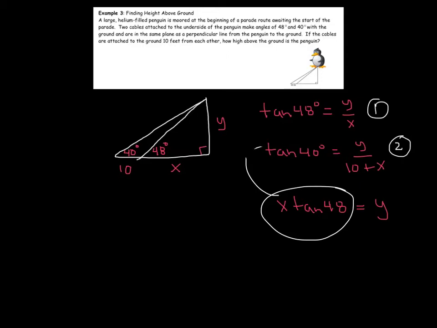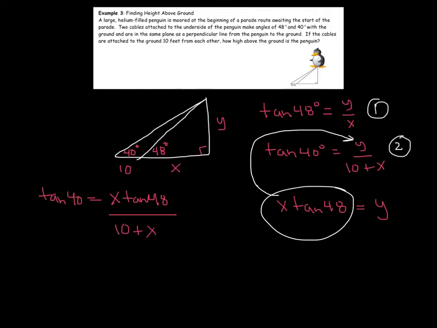We've already solved equation 1, so let me erase that. We're going to plug this into equation 2. So we're going to replace y with x tangent of 48. So working now with equation 2, we have tangent of 40 is equal to y, which happens to be x tangent of 48, and this is divided by 10 plus x.